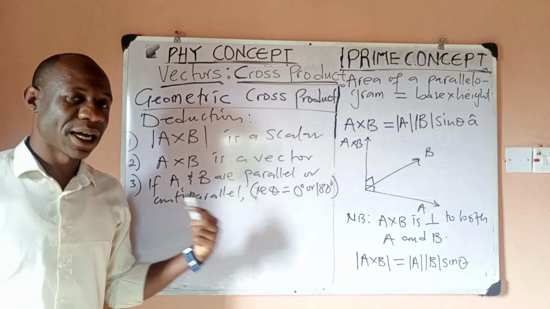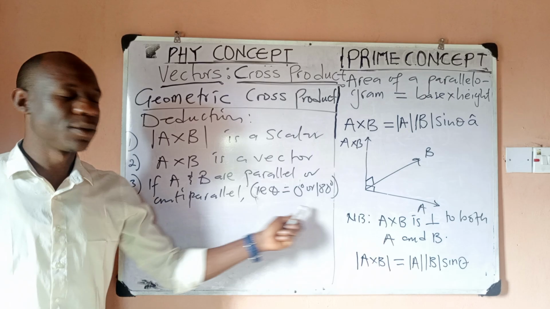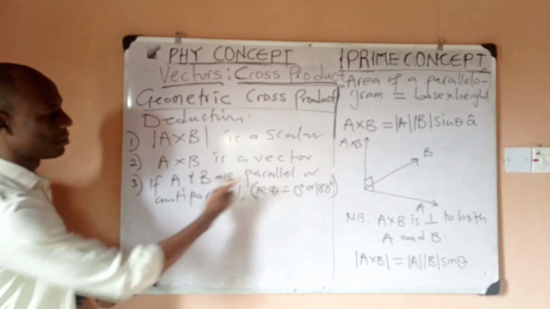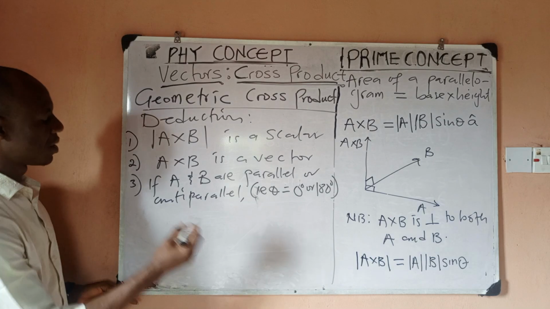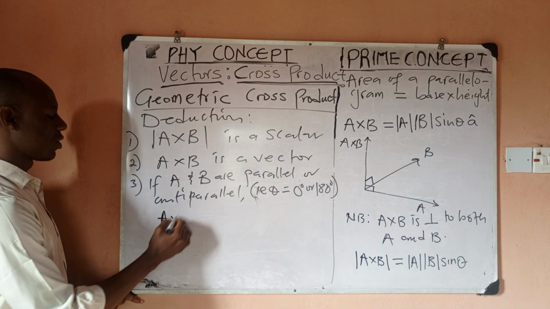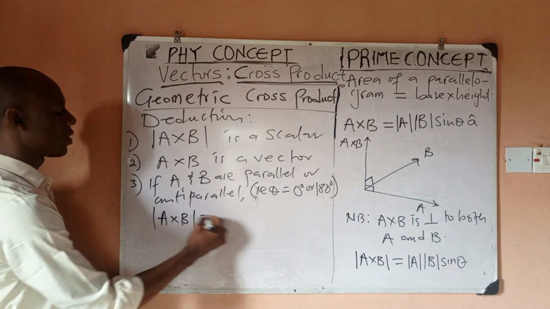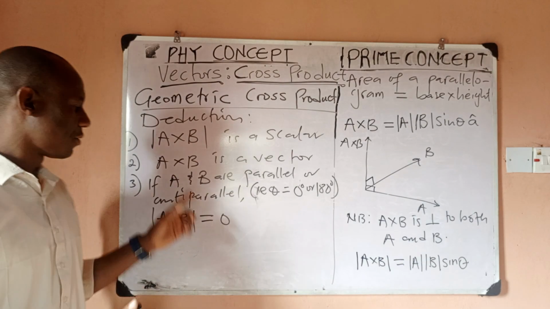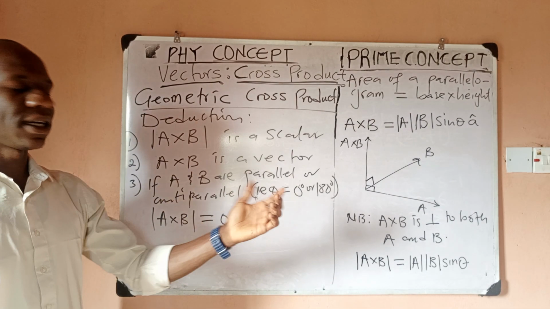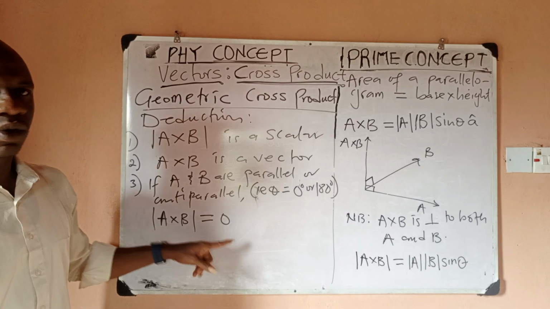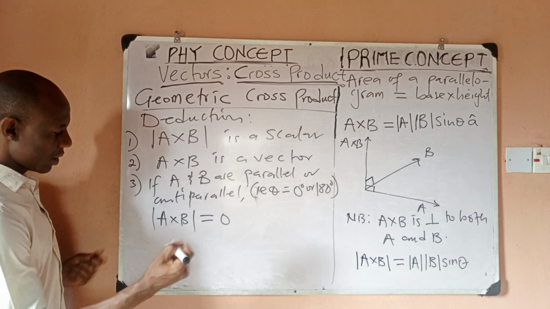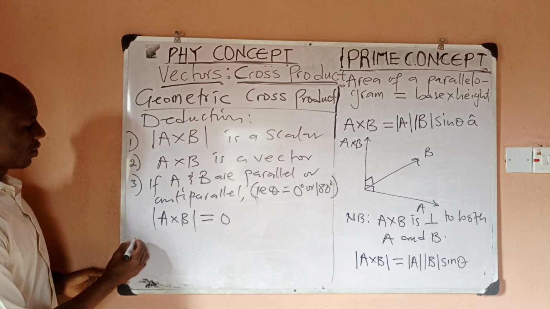If A and B are anti-parallel, it means that theta is 180 degrees. But any of these two cases will give us the same result. So if A and B are parallel or anti-parallel, then A cross B would be equal to 0. That is what it means. So if these two are parallel or anti-parallel, this result would always be 0, right? Yes. Now, even without the magnitude it is still 0.